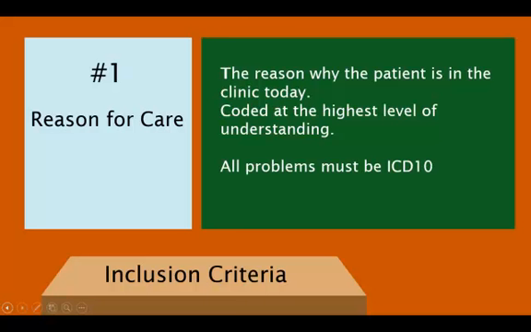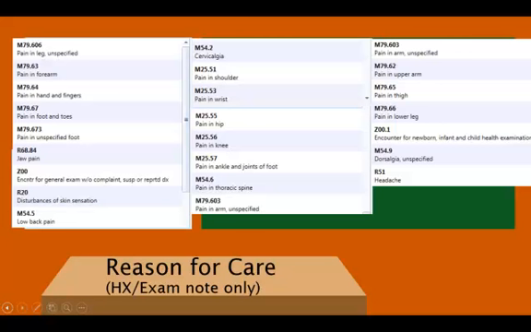We're going to talk about this when we talk about the process in SmartCloud. And as you know, in our ICD-10 favorites list, we have a reason for care category, and we currently have this in there, and it is pain for just about every region you can think of.